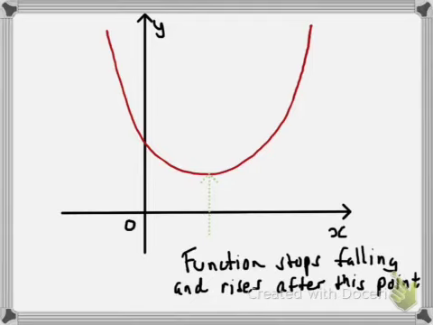So here, you can see here's a parabola. The function stops falling and starts rising after that point. So you can see, if I looked at the gradients here, I've got a negative gradient here, and at that very point, at that stationary point, my gradient is a horizontal line, which is zero, and then we start rising again, we get a positive gradient to the other side of that stationary point.